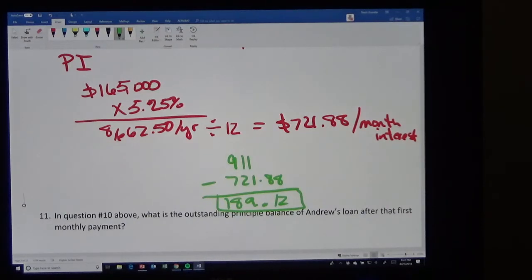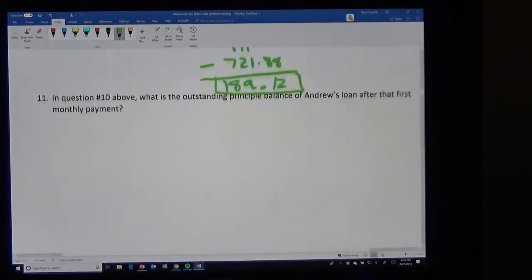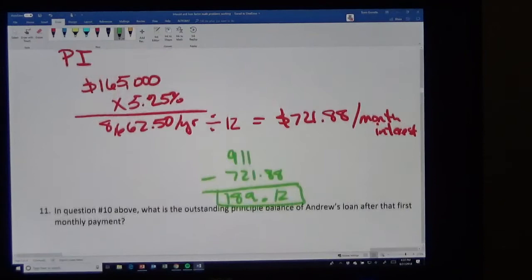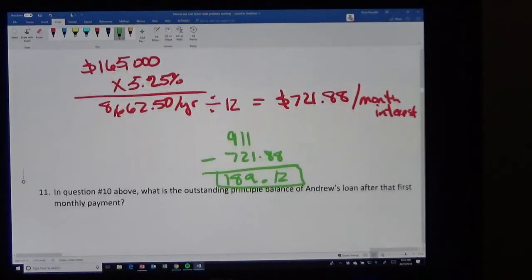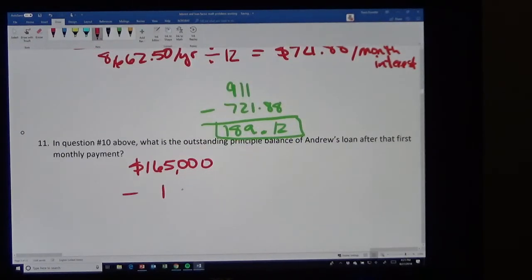Number 11 says, in question 10 above, what's the outstanding principal balance on Andrew's loan after that first payment? Well, the principal balance on the loan is going to be whatever the loan started at minus whatever we paid off. We started at $165,000. We paid off $189.12.